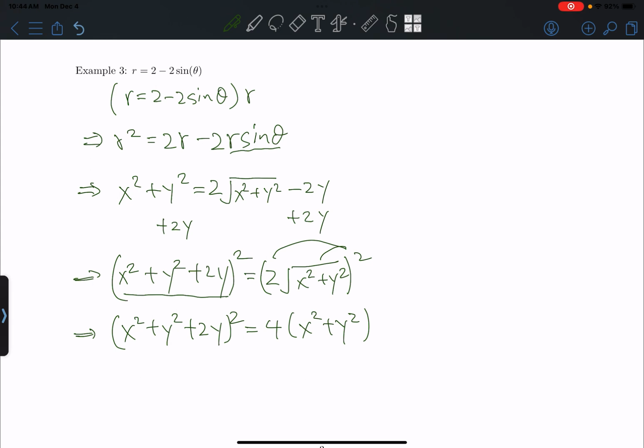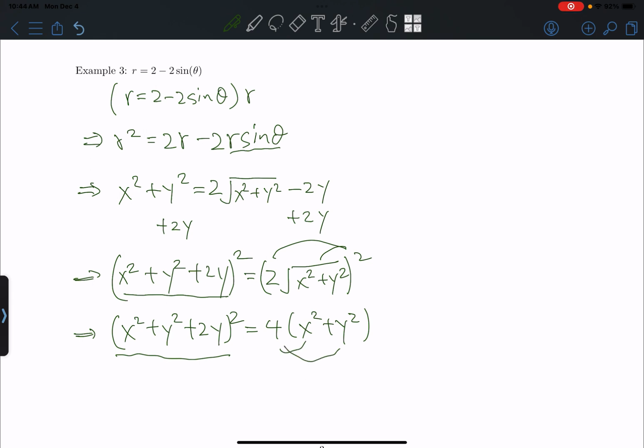Okay, and again, this is actually good enough for the type of function you're dealing with, because you won't be able to solve this anyways, right? There's way too many different powers of y, way too many different powers of x, and the interactions between x and y. So there's not really that much you can do. You can try to do more things like FOIL this part out, and then of course distribute the 4, and then move things around.